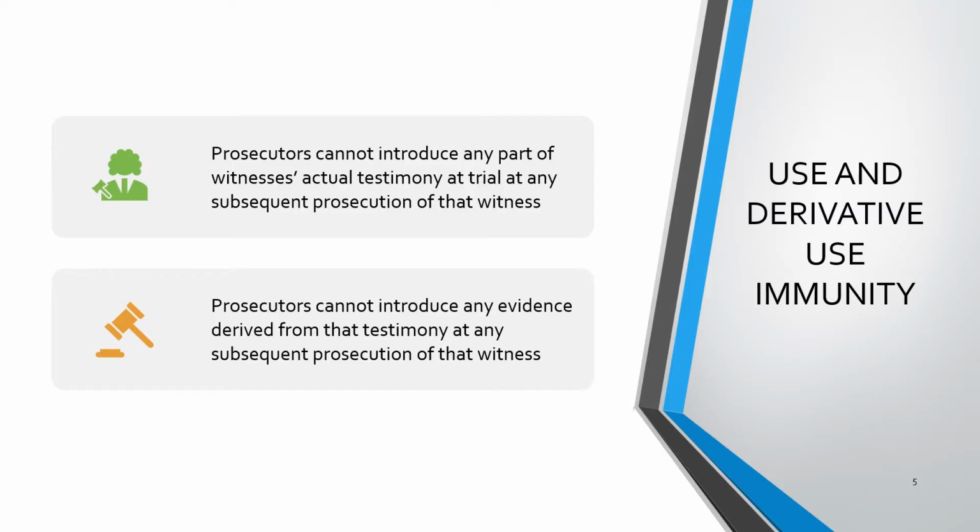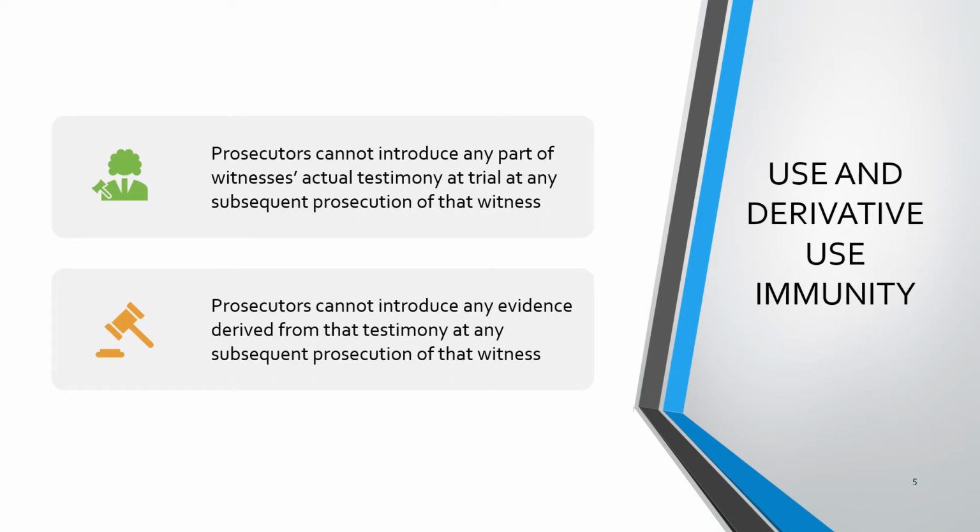There are two basic types of immunities. The first is called use and derivative use immunity, and the second is known as transactional immunity. Use and derivative use immunity forbids the admission at a subsequent trial of any immunized testimony and any evidence that has been derived from that testimony.